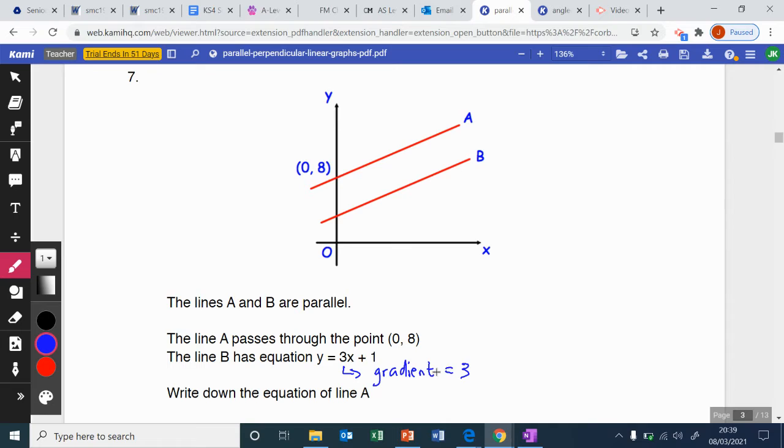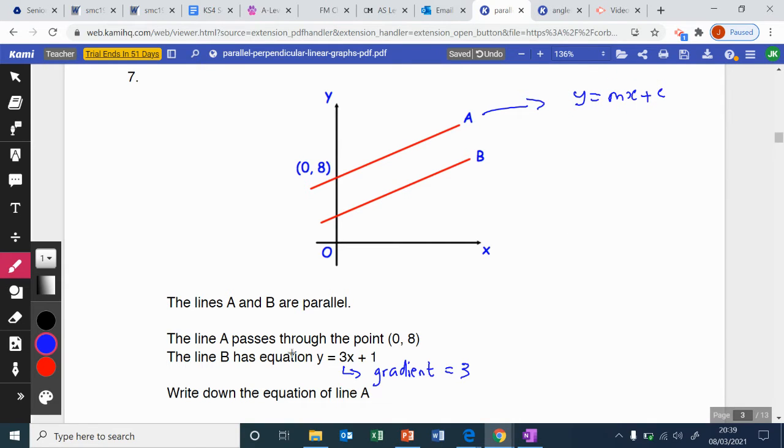And then, if we know that the gradient is 3, and the other equation is parallel to B, then we know that its equation is also going to have the format y equals 3x plus something. So let me just write down that for A, the equation is y equals mx plus c.